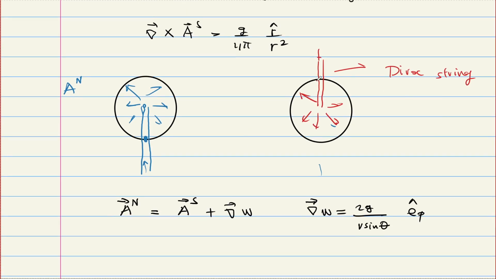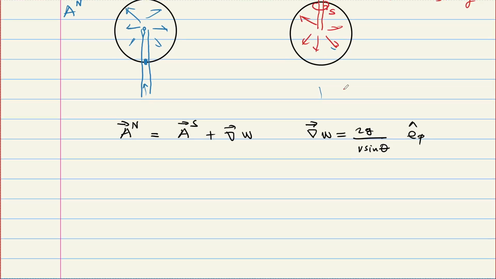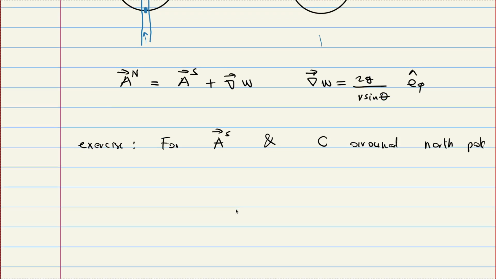Suppose I put a tiny loop here, like S. Okay, exercise for A south and C, tiny C around the North Pole. Calculate this, right?